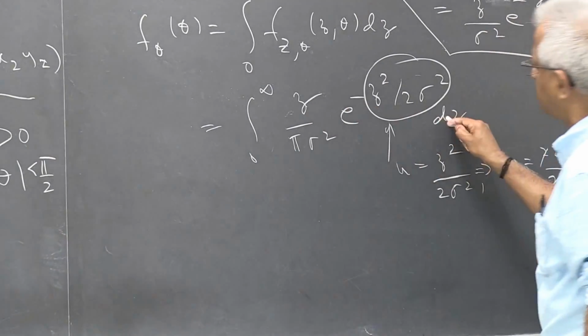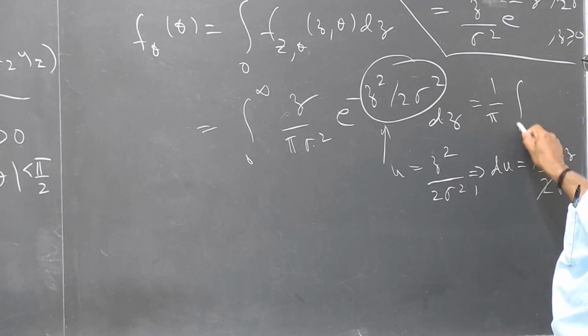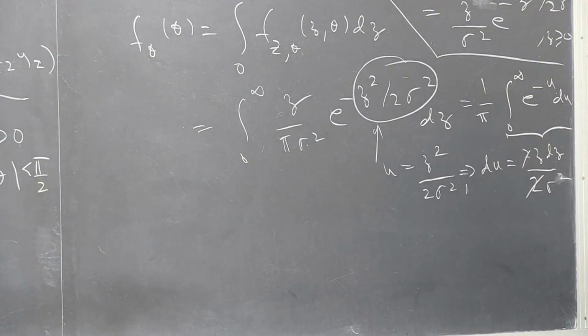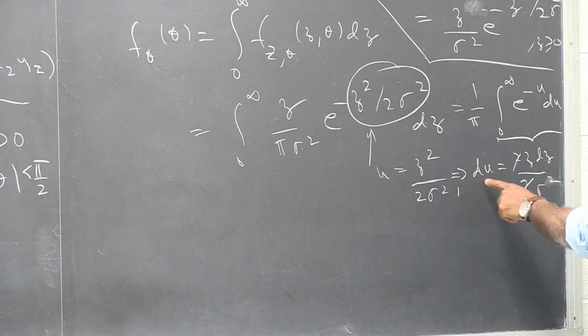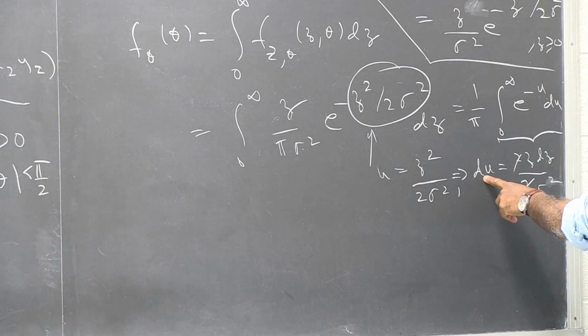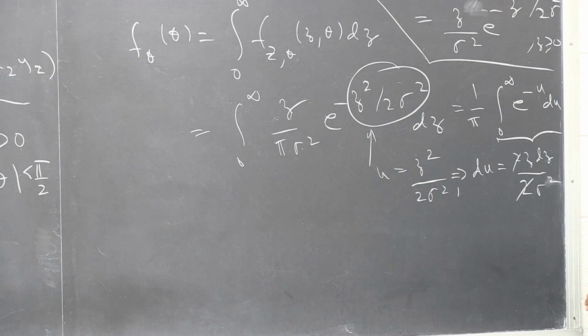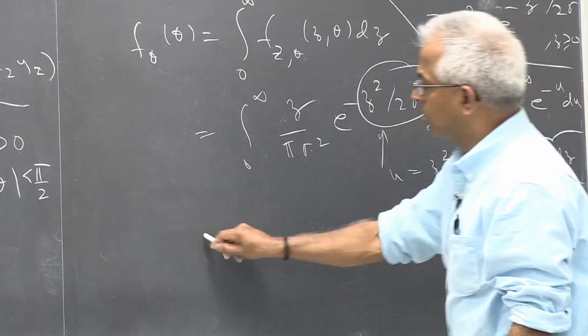Look at here, z dz over sigma squared. So can't I write this as 1 over pi integral 0 to infinity e raised to minus u du, right? 1 over pi goes outside. Z dz over sigma squared is du. What is the area under, what is this integral? Integral 0 to infinity e raised to minus u du. This? 1. So you get the answer to be 1 over pi.